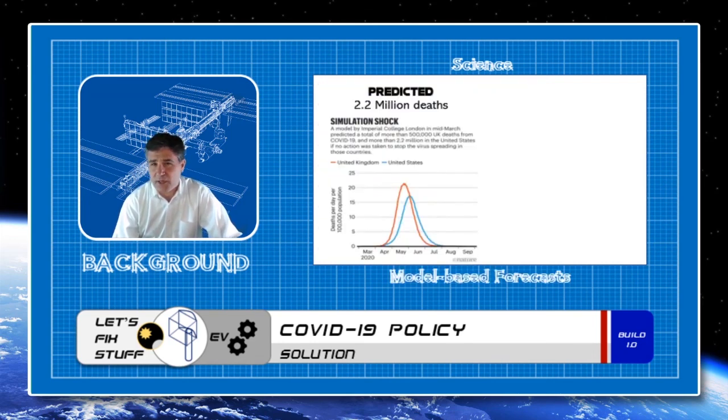First of all, when you talk about model-based forecasts, everybody was basing the initial response to COVID-19 on a model-based forecast at the Imperial College in the United Kingdom. And Mr. Ferguson, who provided this, predicted 2.2 million deaths as a result of the coronavirus.